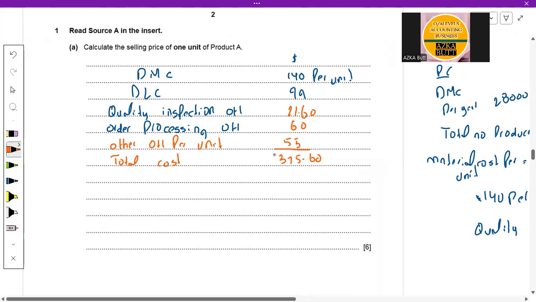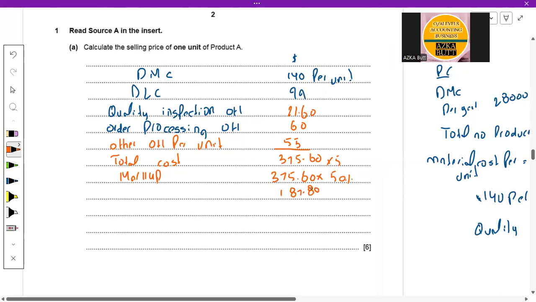So now in step 4, we have to apply the markup. So markup was 50% of the total cost. So it means that markup per unit would be 375 multiply 50%. And this is 187.80.